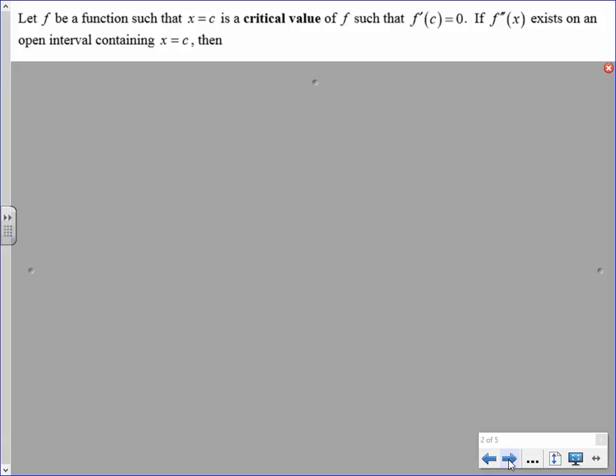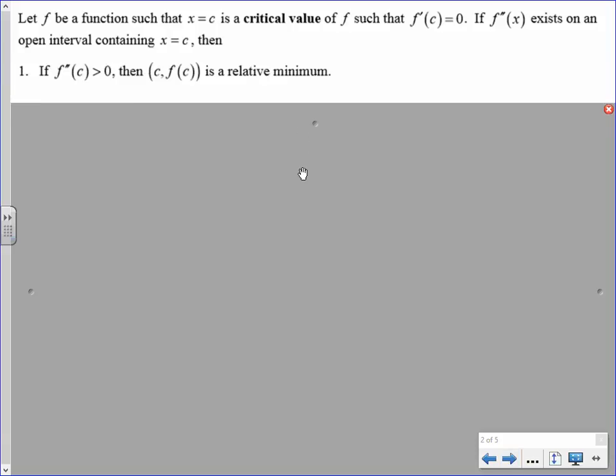Okay, so first of all, we have a function that has a critical value, and the derivative at that critical value is 0. Okay. If our second derivative exists, then if the second derivative at that critical point is positive, meaning we are concave up, then we have a relative minimum.